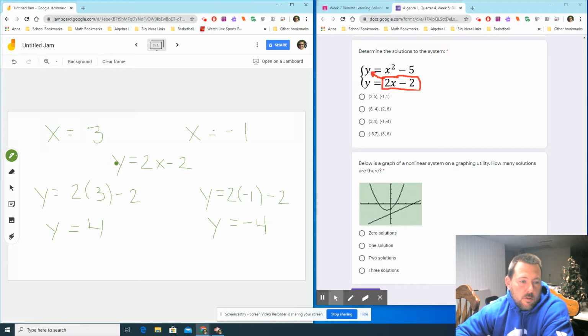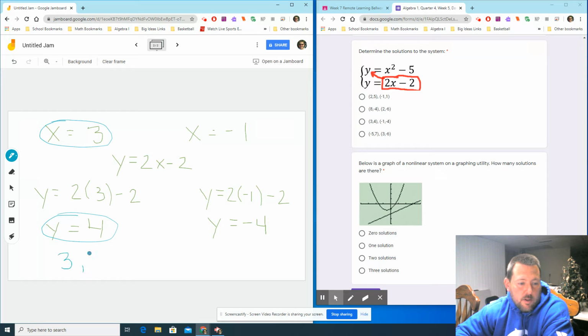Okay. So my point then becomes the combination of this and this. So when I am at an x of 3, I have a y value of 4. That's one of my spots where they're the same. And then over here, when I'm at an x value of negative 1, I'm at a y value of negative 4.